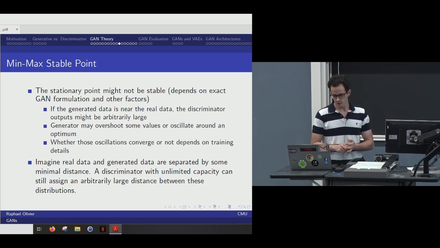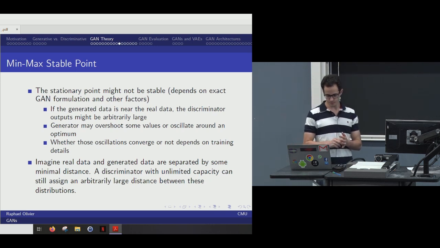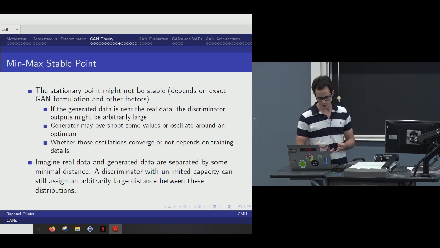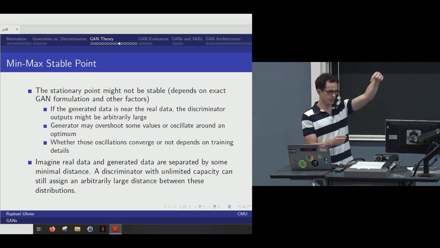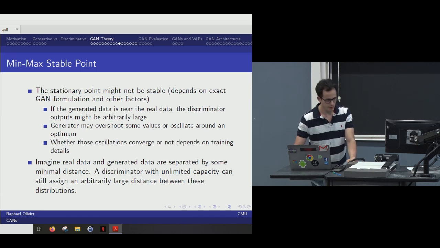They're pretty hard to make converge because, for a lot of reasons, if you're not at the stationary point, there is no particular reason that the gradient arrows are going to point toward that stationary point.